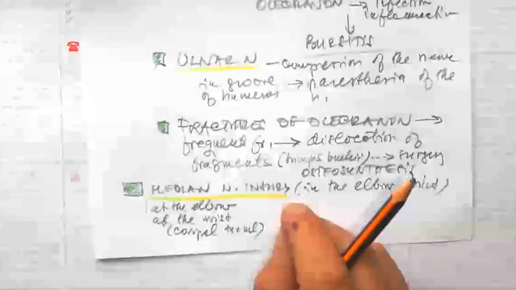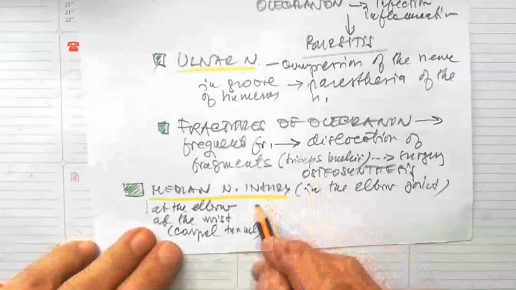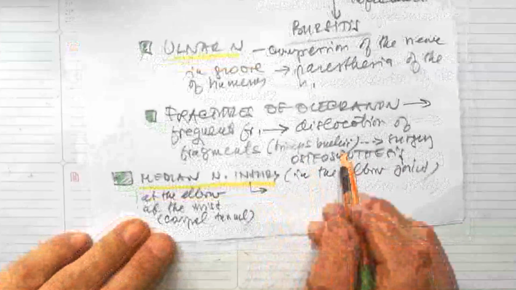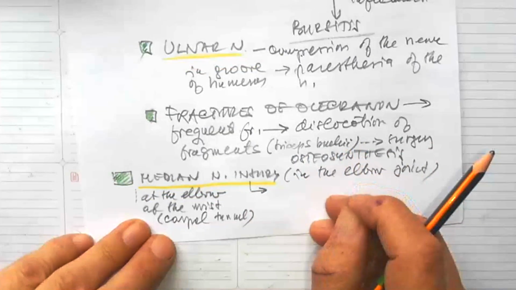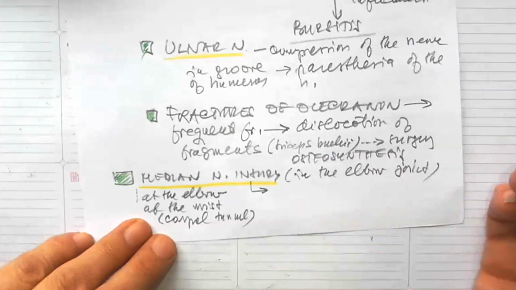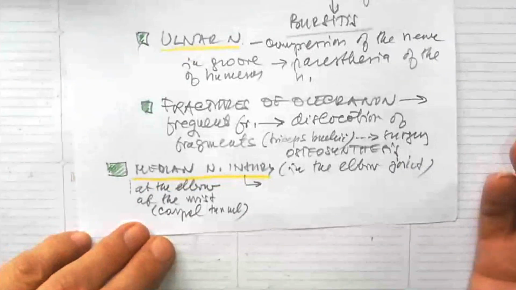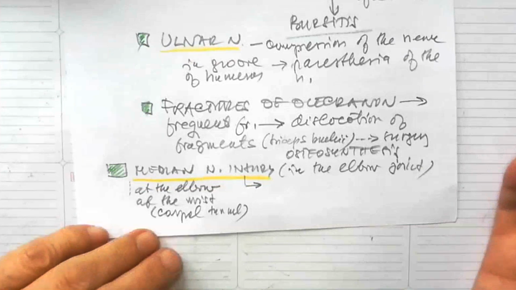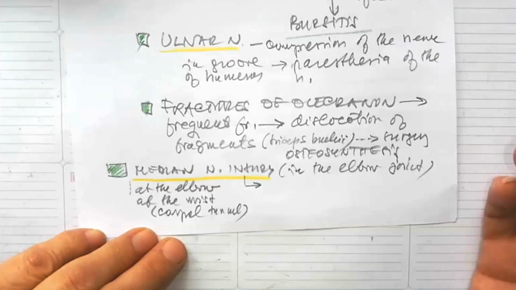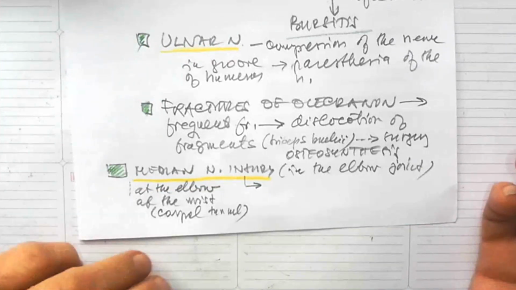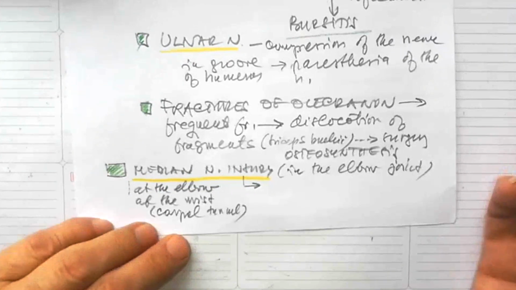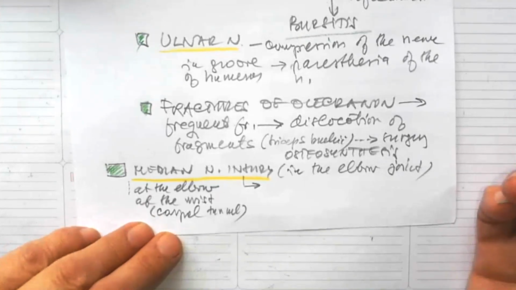So median nerve injury is a typical situation if the nerve is compressed, because the median nerve innervates the thenar, and also the deep muscles, with the exception of the deep head of flexor pollicis brevis and adductor, which are innervated by the ulnar nerve.